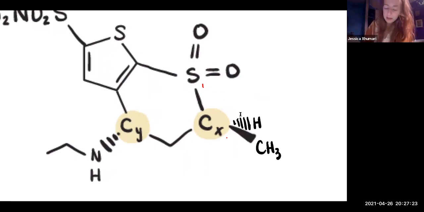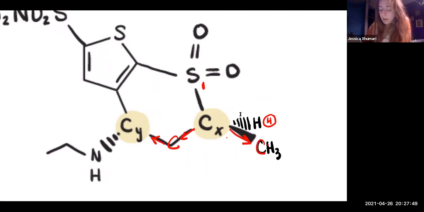Okay, and now we just need to start assigning priorities. Automatically, I know that sulfur is going to be number 1 because it has a higher atomic number than anything else here. And we know that hydrogen is going to be number 4, so we have to figure out 2 and 3. Okay, our options are this route here or this route here.